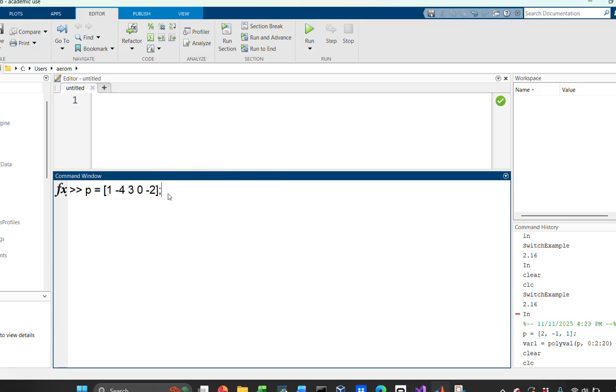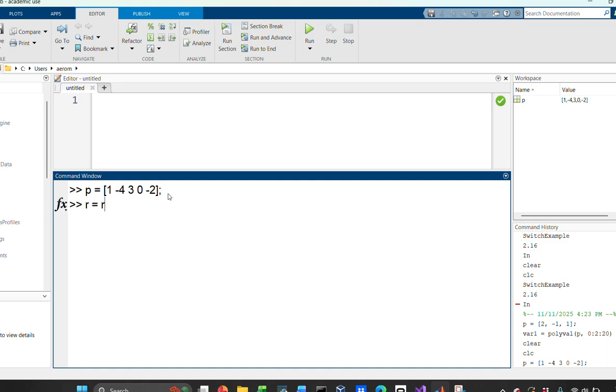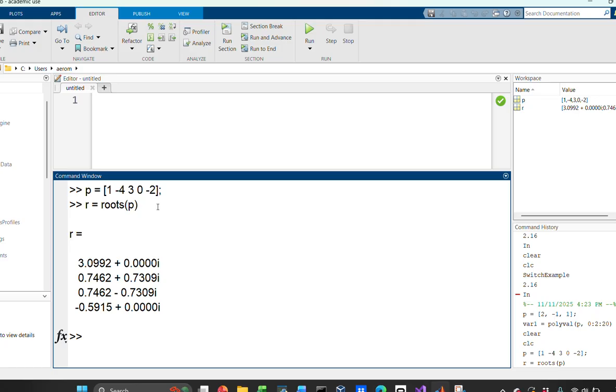So if we declare p as being the polynomial coefficients of the equation we just looked at, and we said r was equal to the roots of p, ask yourself, how many roots will we get? The number of roots will match the highest order. Because there are 5 elements here, the highest order is 4, so the number of roots we get should also be 4.